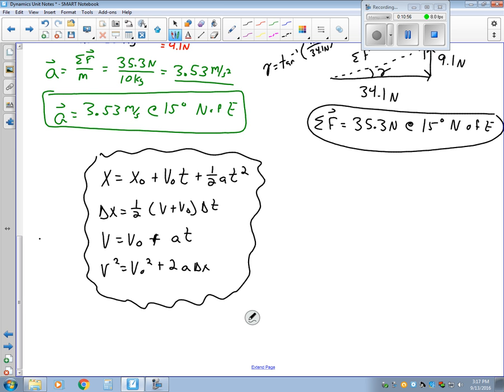So if I were to give you things such as different positions or different velocities, we could then go through and do any number of kinematics equations. So that part's pretty simple. All right, that concludes video 1.